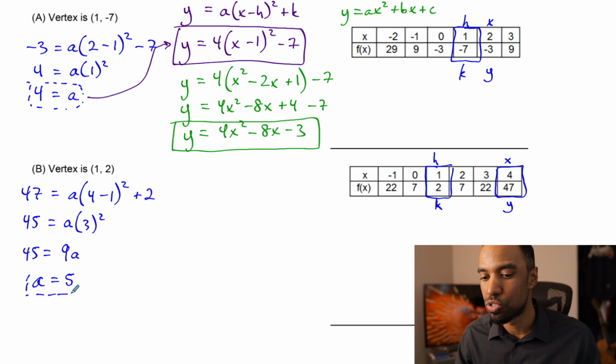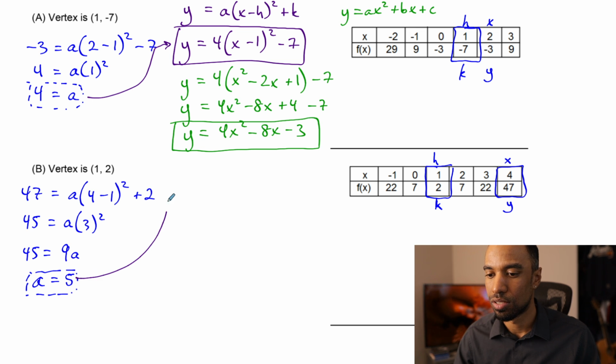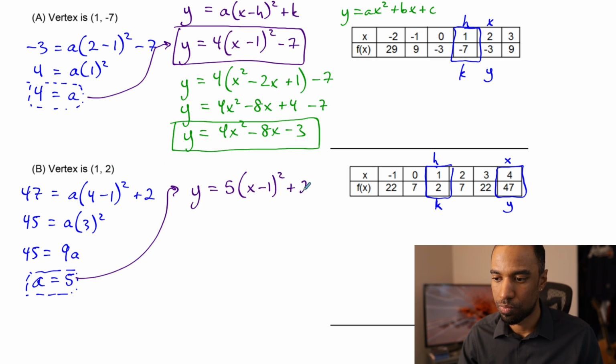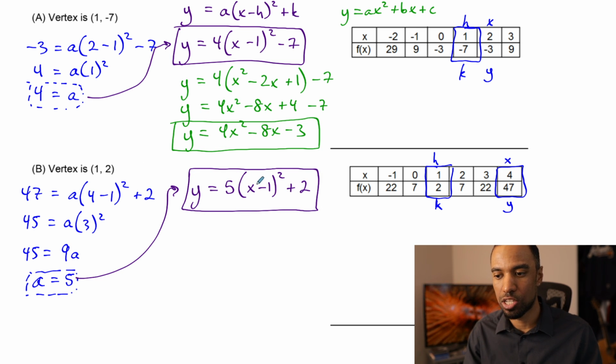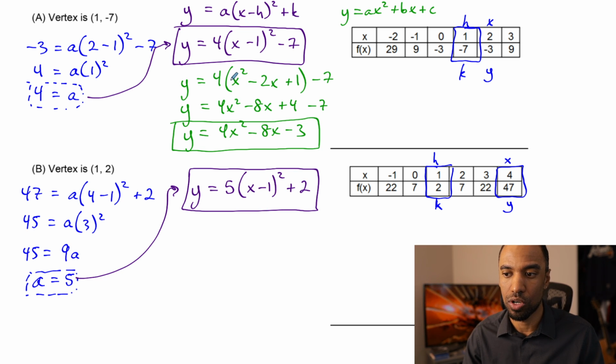But a is 5. So your vertex form is going to be y equals 5 times the quantity x minus 1 squared plus 2. There you go. There's your vertex form. And guess what? This is another x minus 1. I wish they were more creative so we didn't just expand the same thing here. So if you want to make this very fast, guys, x minus 1 quantity squared, once again, is x squared minus 2x plus 1.